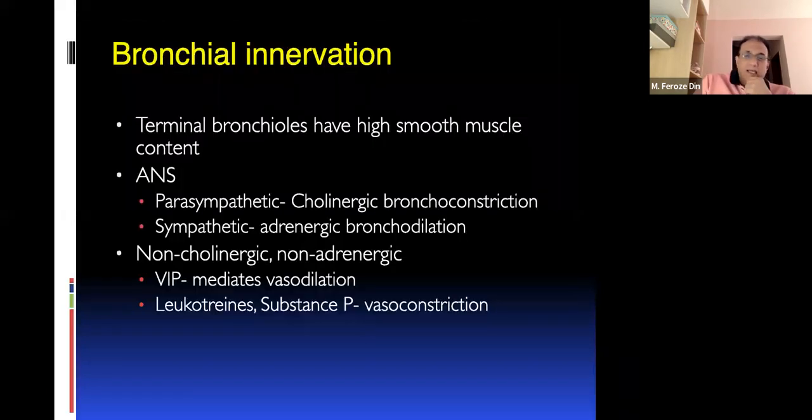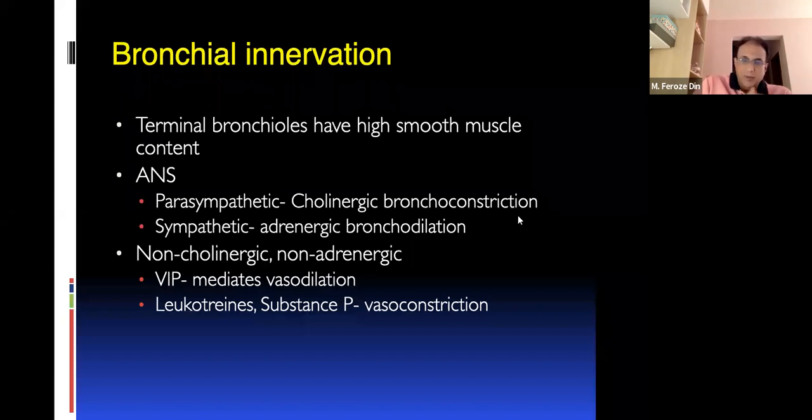Right. The bronchial smooth muscle that I mentioned earlier is innervated by the autonomic nervous system. And this is a bit different. In fact, it's opposite to the innervation of blood vessels, where sympathetic discharge to the bronchial musculature will cause bronchodilation, whereas parasympathetic discharge will cause bronchoconstriction.